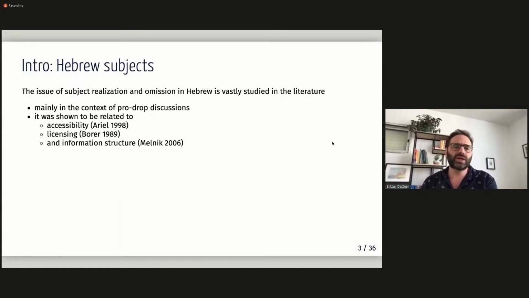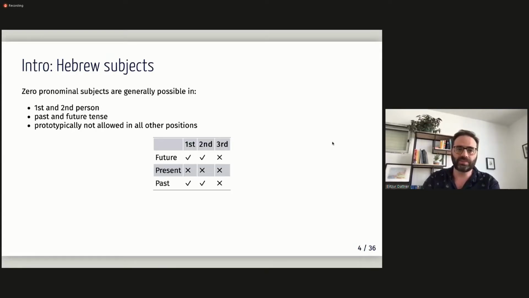The issue of subjectualization and omission in Hebrew is vastly studied in the literature, mainly in the context of pro-drop discussions, but it was shown to be related to accessibility or licensing or information structure, for example.